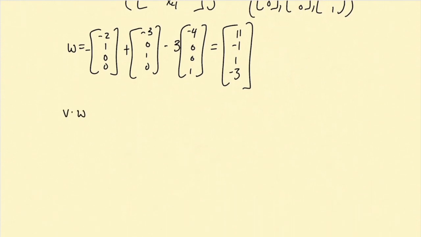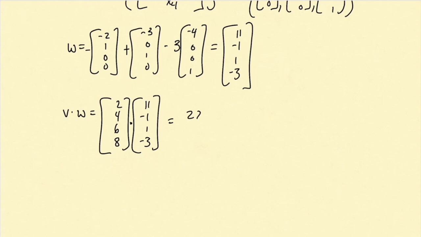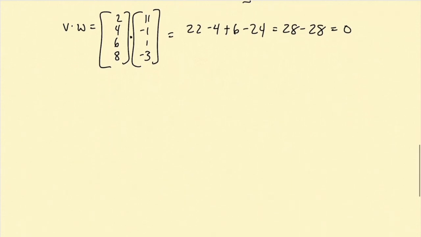And we can see that if we take the dot product of v with w, then we'll get 22 minus 4 plus 6 minus 24, which gives us 28 minus 28 is 0. So we can see that the set of all vectors which are perpendicular to a given vector in R4 form a three-dimensional subspace.